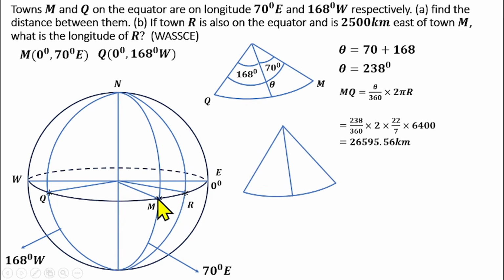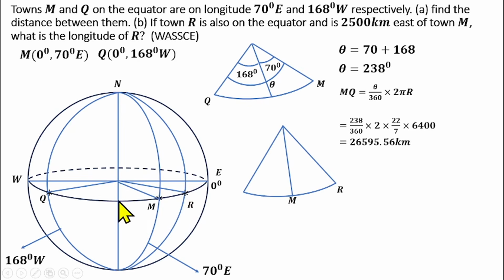So this will be our point M here, our point R will be here, and this line will be our origin. Because this longitude is more than this longitude here, this will be our origin to the small longitude, and this one is bigger than the other one. So I'll be having my M here, and R will be here also.